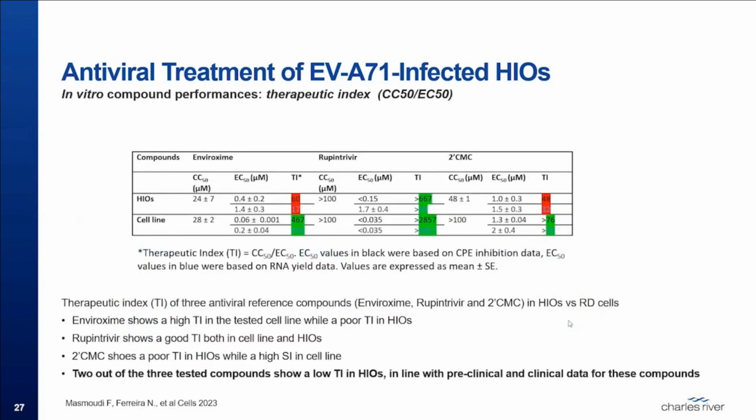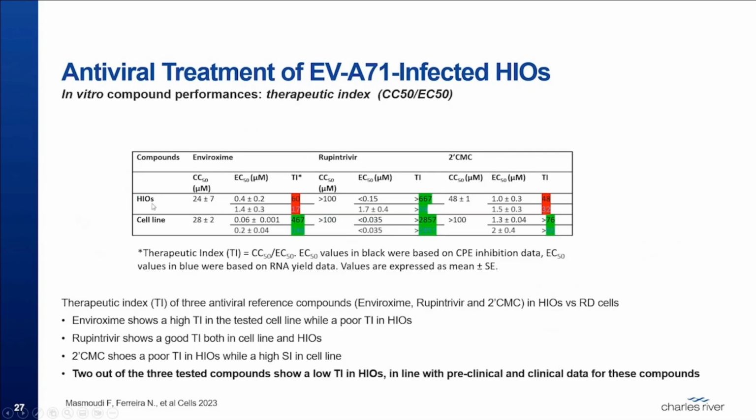So we compiled this data all together, and we generated a therapeutic index that is basically a ratio between toxicity of the compound and efficacy of the compound. And the higher this ratio, the better the profile of the compound is. And based on this index, we could show that in the cell line, all three compounds, enviroxime, ropintervir, and 2CMC, show a really good performance.